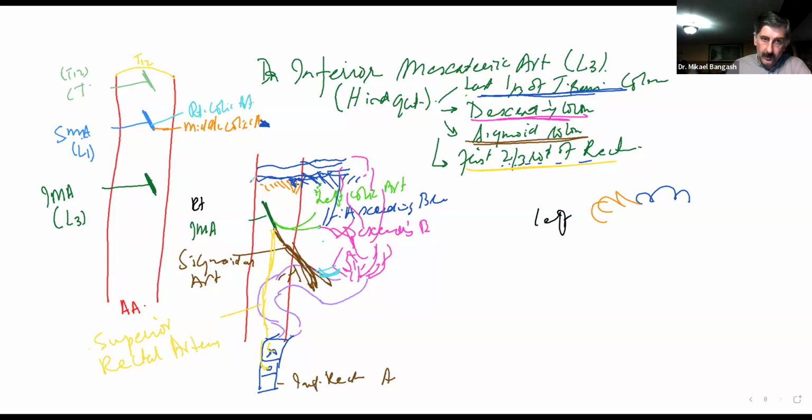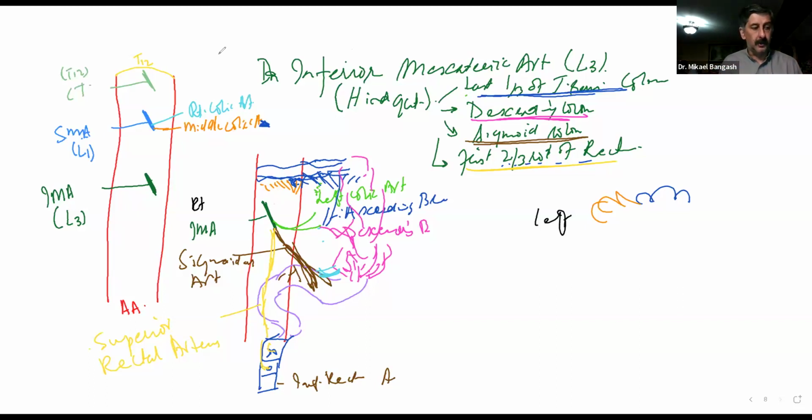So guys, pretty much this was mainly the blood supply to the hindgut, derived from the inferior mesenteric artery, which branched off the aorta at the level of L3.